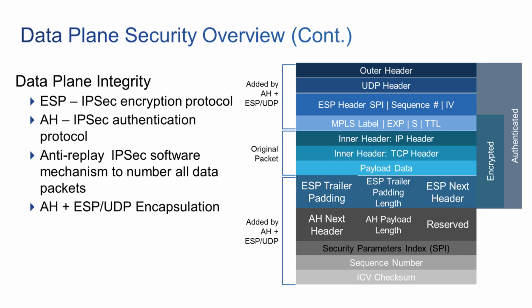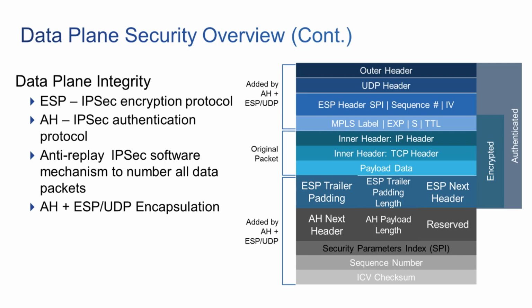Data packets would then just simply be processed with ESP, which encrypts the entire original packet, but we don't see any of that authentication. So we have a couple of options. We can run ESP with UDP encapsulation, which would mean that we have encryption and authentication that's provided by ESP. We can run AH and ESP with UDP encapsulation.